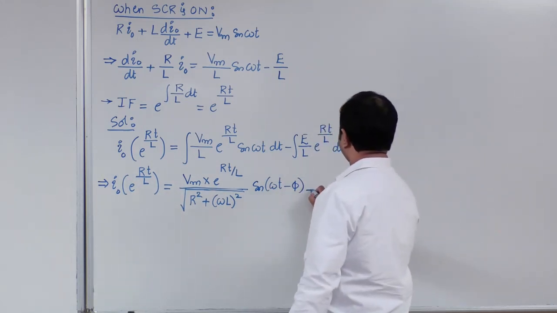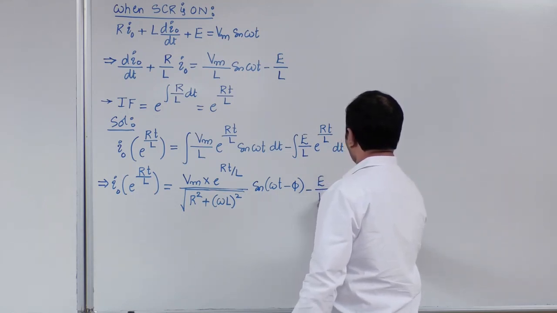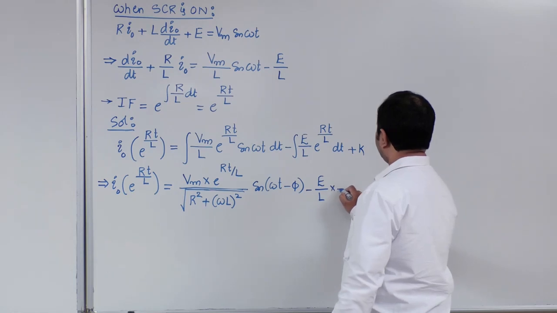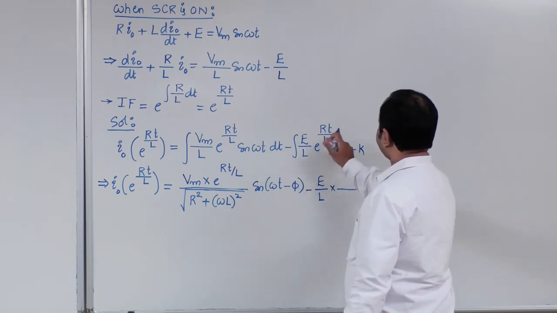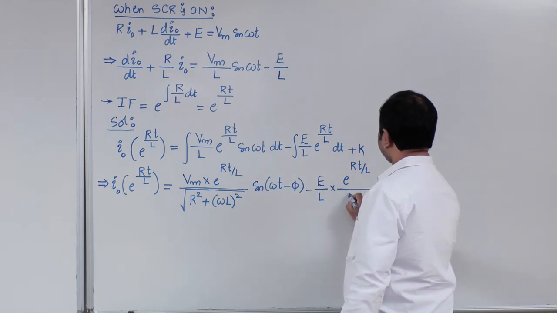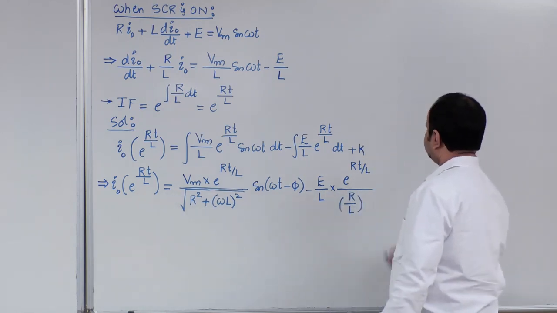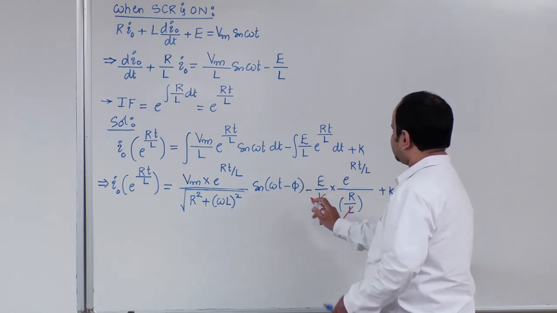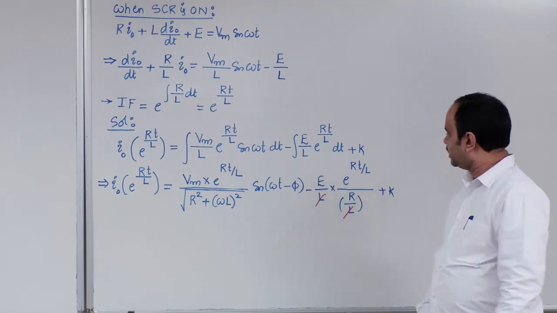Next, minus e by L into, what is the integration for this term? e power rt by L. Now the denominator is r by L plus k. Now we can cancel this L and L, right?